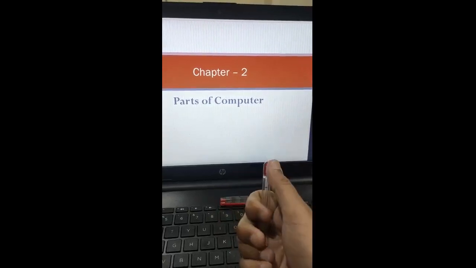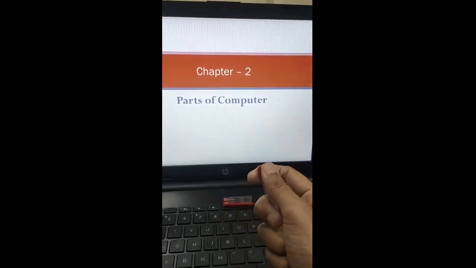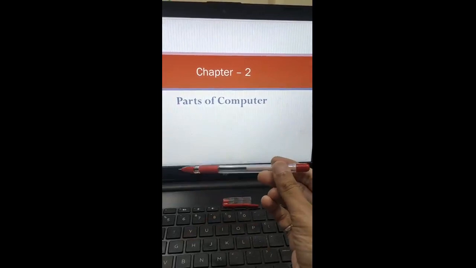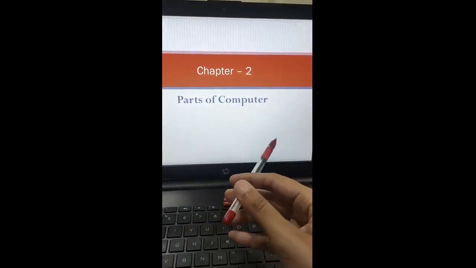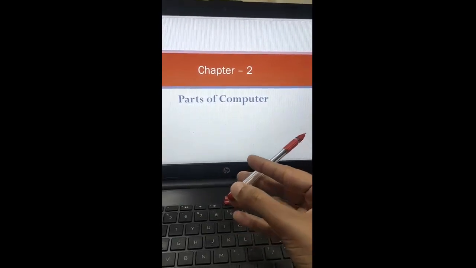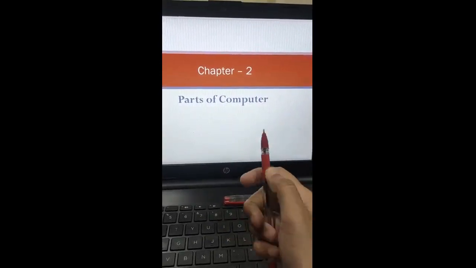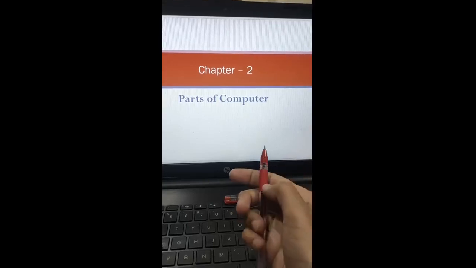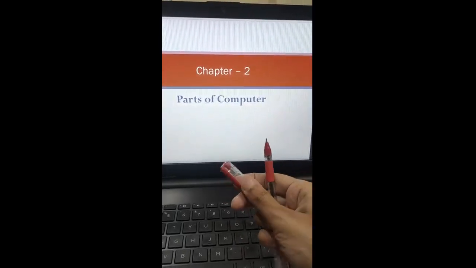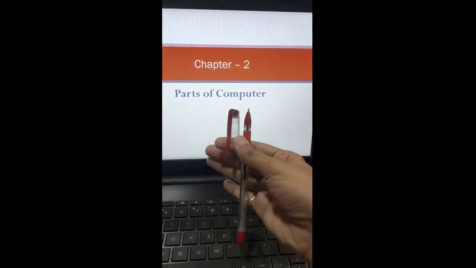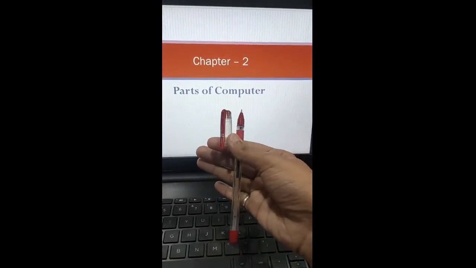And at the bottom we have one more holder which is giving support to the lead, or I can say the refill. So all these parts, the below holder, the above holder, grip, refill, and the cap, are making the pen functional.